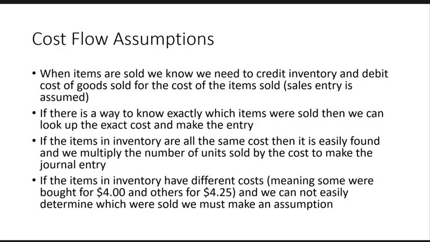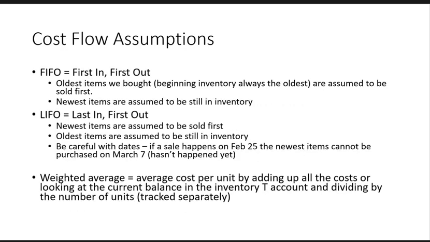When I go to sell that, what should I use? The $4 or the $4.25? We can't tell the difference. We'll assume that these items are all the same color, same size, whatever, and therefore there's no way to tell the difference. So you're going to have to make an assumption as to which ones it is.